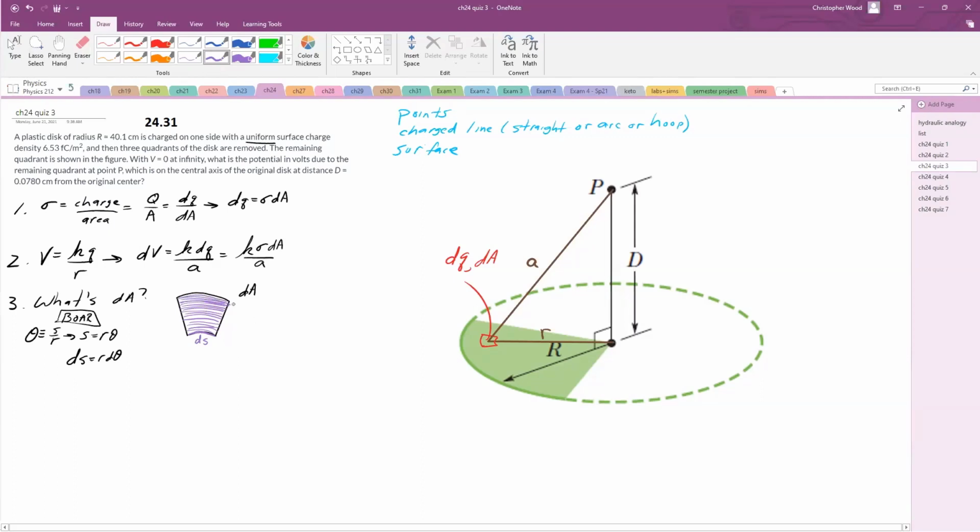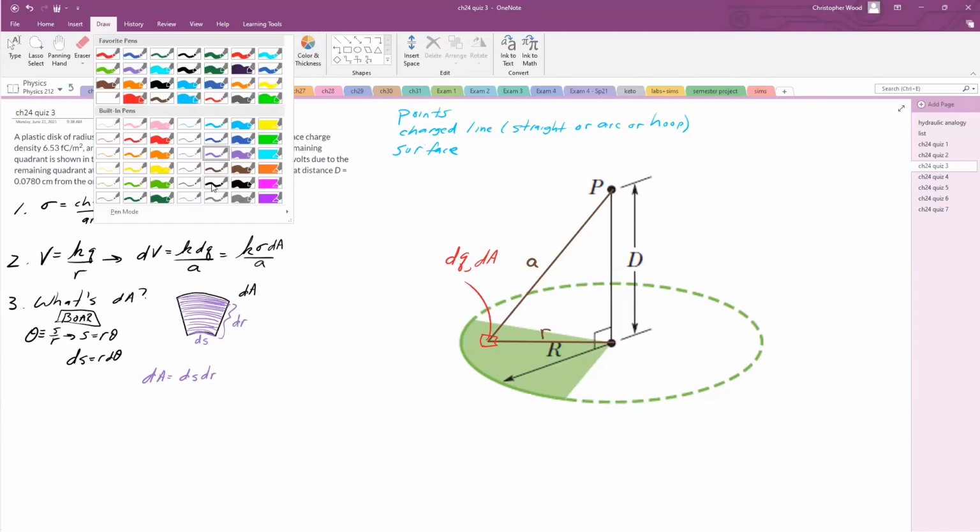So how many of them do I have? I have dr of them. So I can say dA equals ds times dr. Let me just repeat that to make sure I'm right.